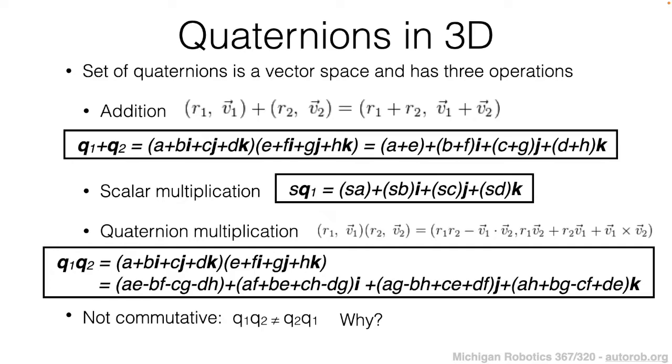And if we take a quaternion and multiply it by a scalar, the result will also be a quaternion. In addition, the multiplication formula for quaternions is shown on this slide. I won't walk through it, but one key detail to point out is that quaternion multiplication is not commutative, so the order does matter when you perform multiplication.